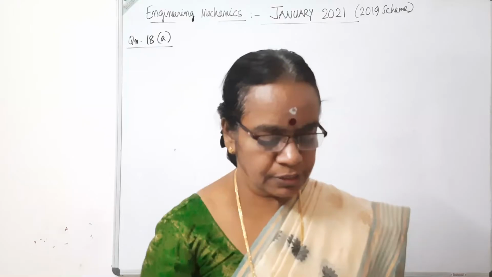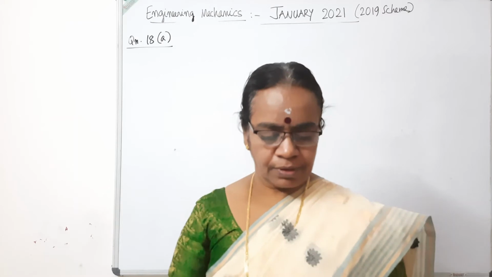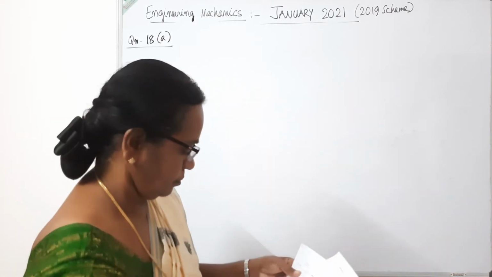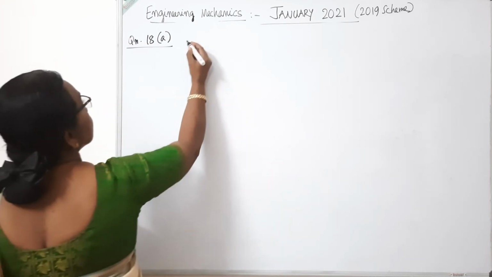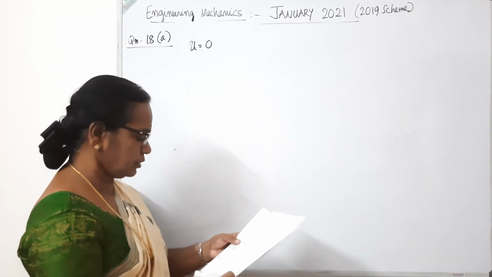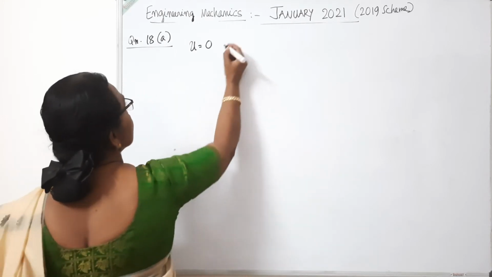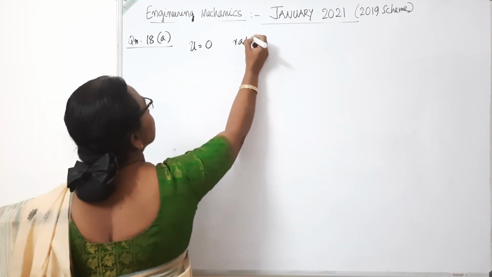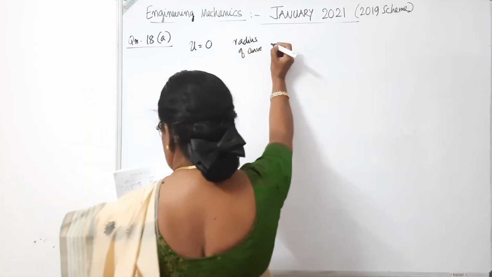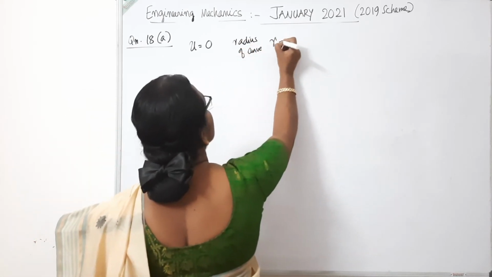Okay, so let us see what are all the data given to us. A car starts from rest, so the initial velocity is equal to 0. The radius of curve is 600 meter.